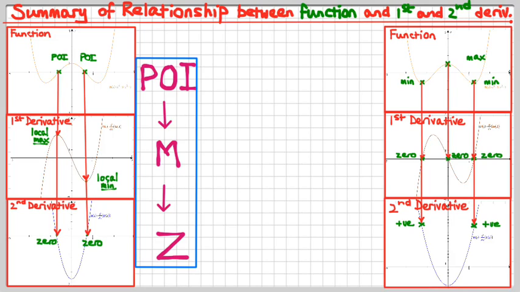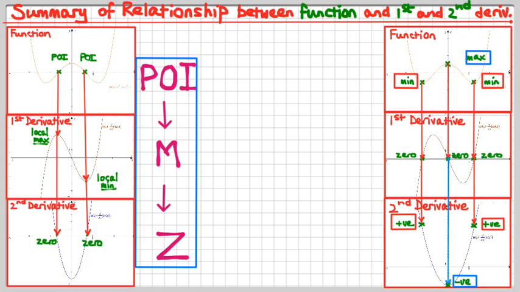You get a positive if it's a local min. Remember I talked about the smiley face at the start of the video. You get a positive. For a local max, you get a negative, right? So mins coincide with plus and max coincides with minus on the second derivative.